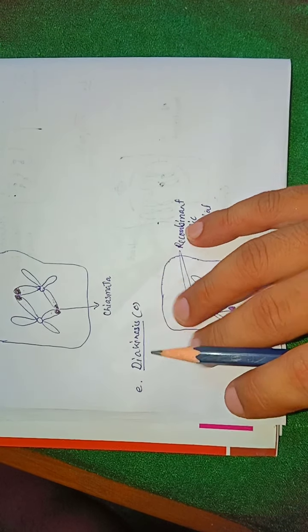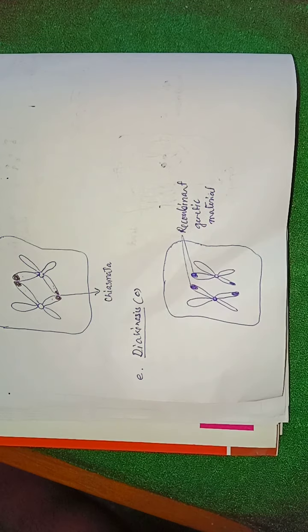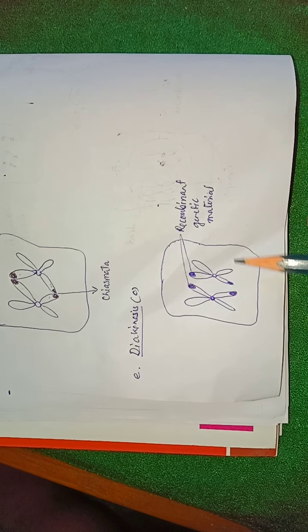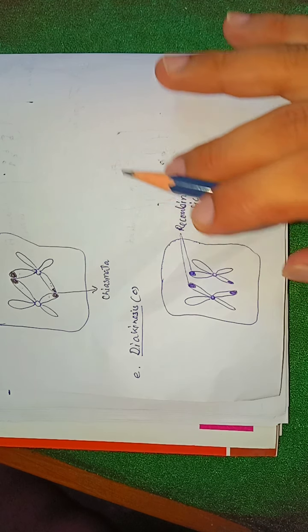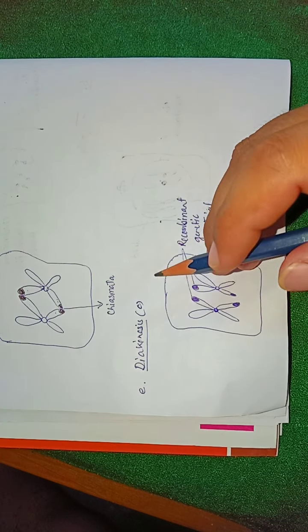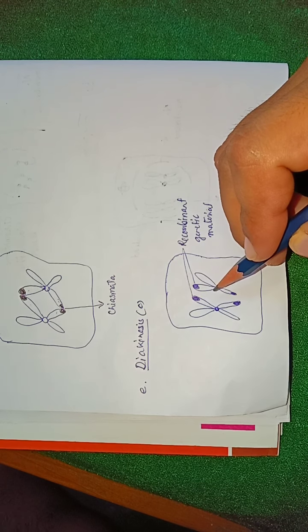The fifth and last stage of prophase 1 is the diakinesis. The diakinesis is the final stage of the meiotic prophase 1. This phase is marked by the terminalization of the chiasmata. Terminalization here refers to separation of the chiasmata.